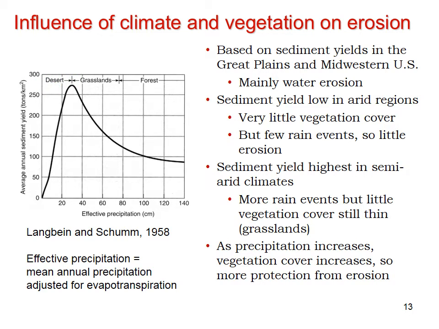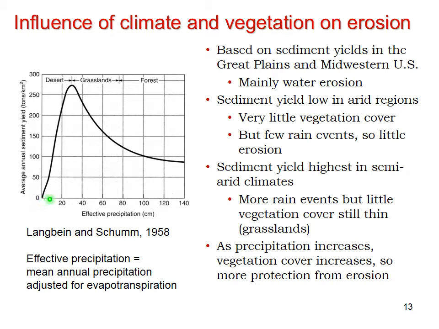The sediment yields start at very low values in arid regions, and as we move into wetter and wetter regions and into semi-arid regions, the sediment yields increase very rapidly. So sediment yield is low in arid regions because there's very little vegetation cover, but in these real arid regions down here, there's very little rain, so there isn't much sediment yield.